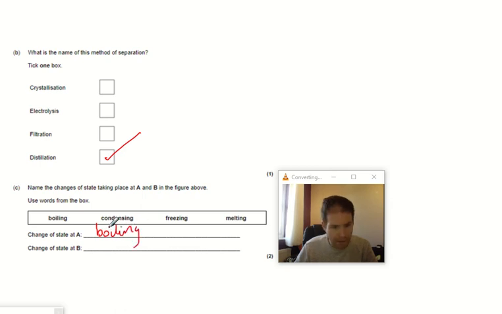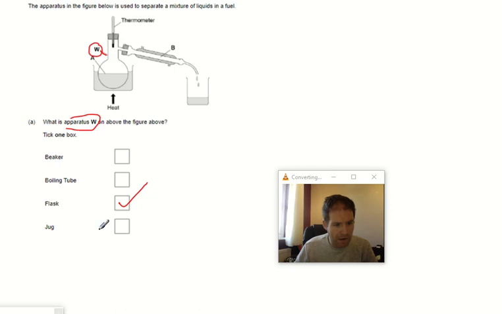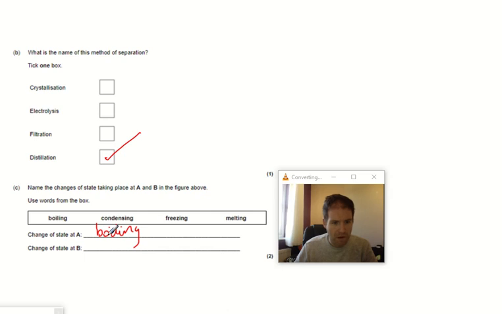Then it says at B, let's find where B is. B is here, so this is going back down, so this is condensation. Because that was a liquid to a gas, boiling. This is a gas to a liquid, condensing.